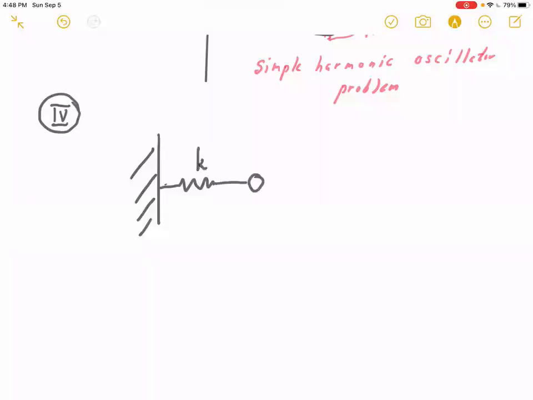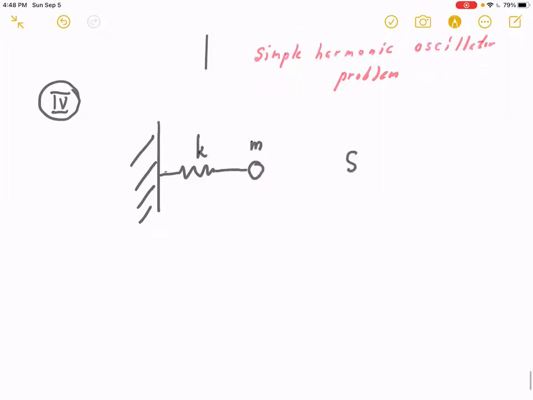Again, a massless spring of spring constant K attached to a mass. My system here is at rest, and there are no forces acting on the system. In this case, my system is my mass, M.